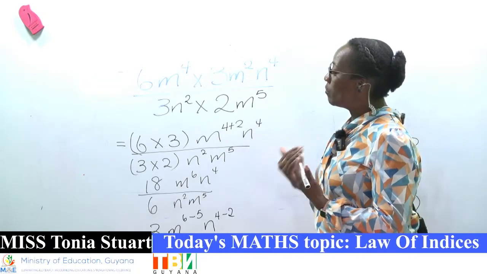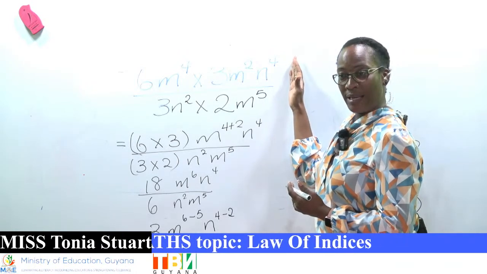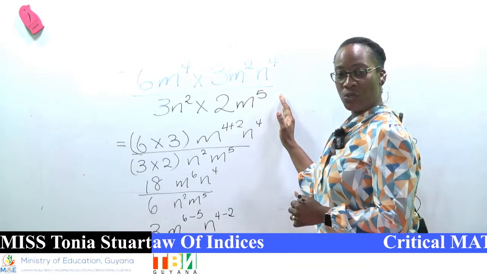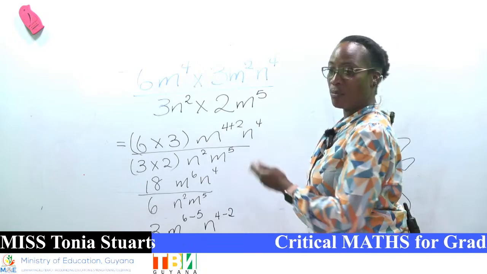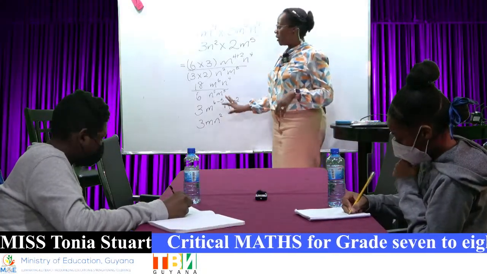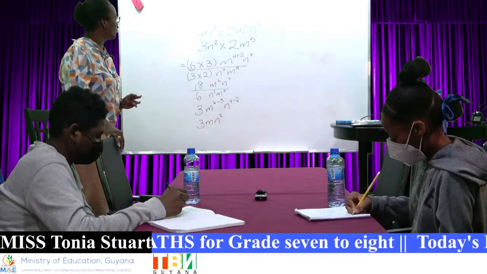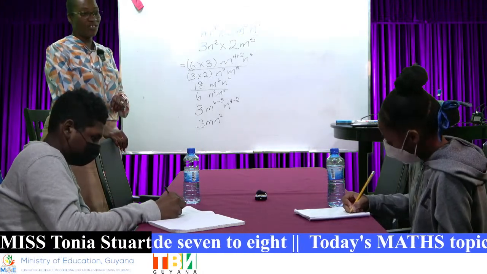So you use the same rule. Observe that the one at the top is where you're multiplying, and the division line means that you're dividing the bottom. So you use the same rule: same base, subtract the power. I hope for this afternoon session you have learned two rules, rule 1 and 2, multiplying of indices and division of indices.